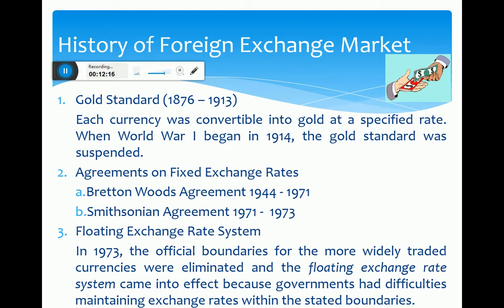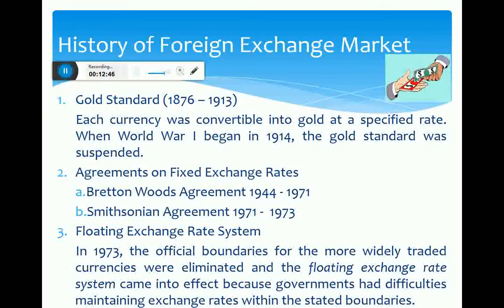Basically, these two first agreements had certain boundaries under which the fixed exchange rate would be used against the dollar, but the rest of the countries who were not within the boundaries of these two agreements started pegging their currencies against the dollar, which basically made the dollar start devaluating against those currencies within the boundaries.